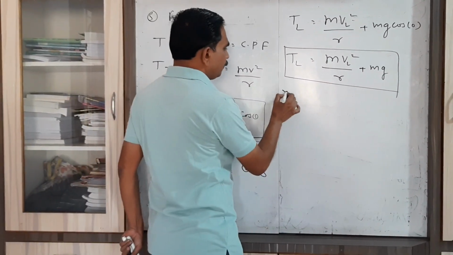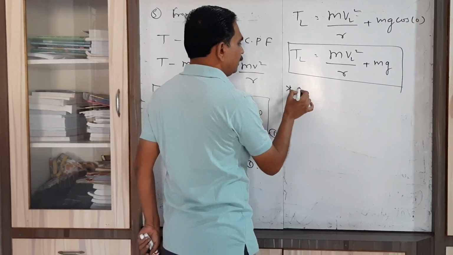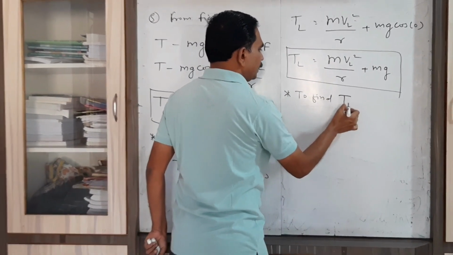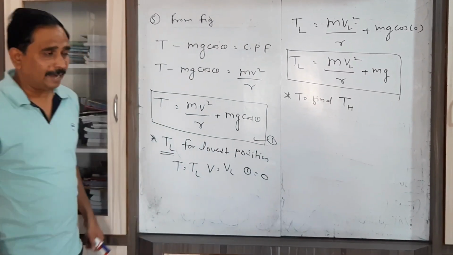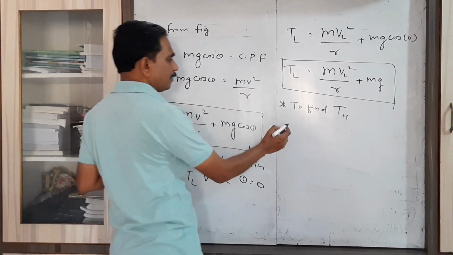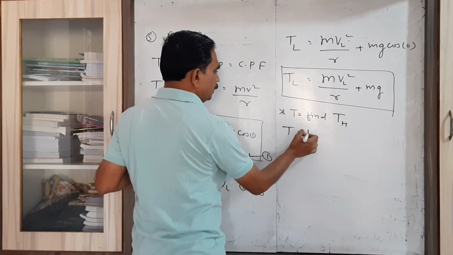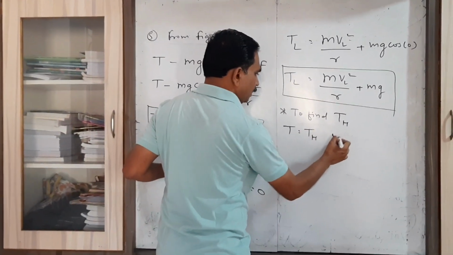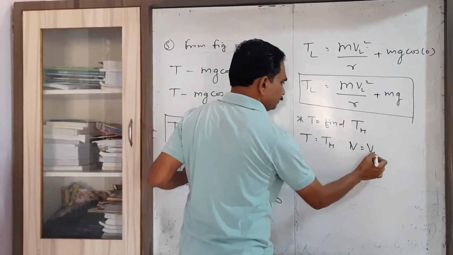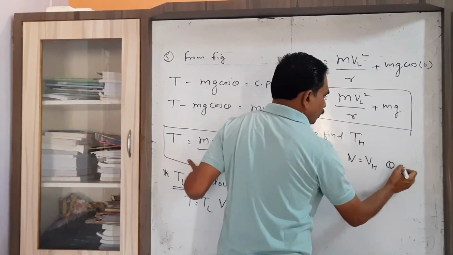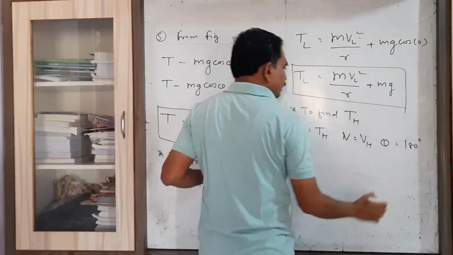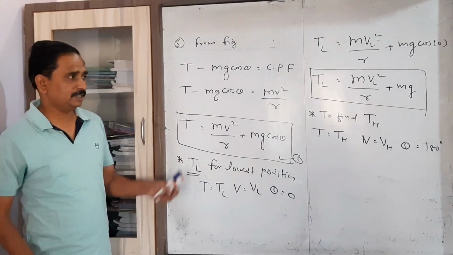Similarly, in order to find the tension at the highest position, again put the values in the same equation as T equal to TH, V equal to VH, and when that body reaches the highest position, it makes an angle of 180 with its initial position.